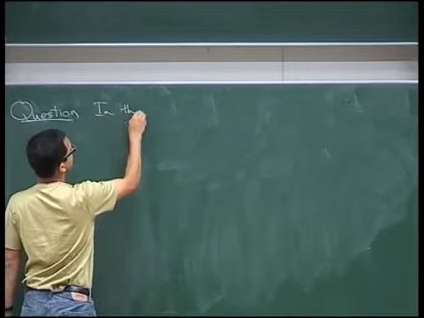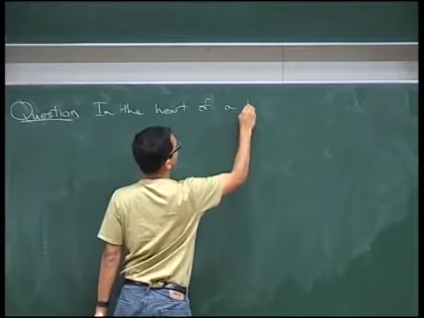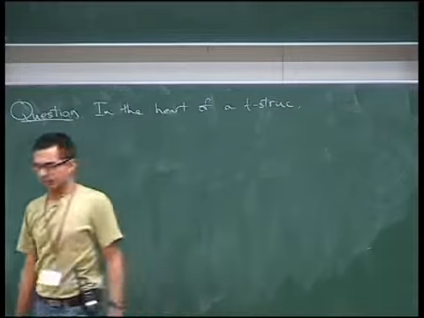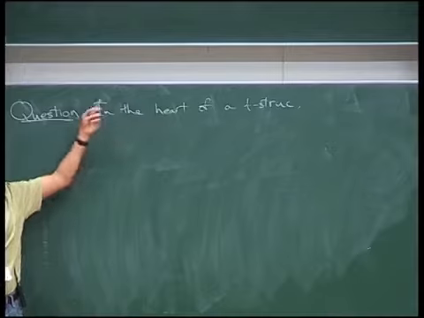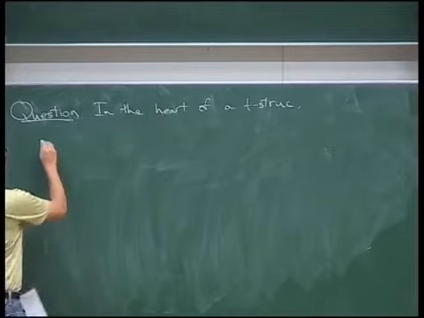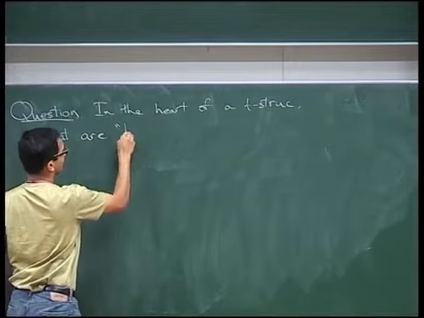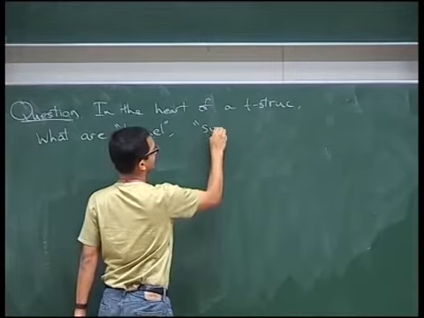I made a point yesterday of emphasizing that in the derived category, words like kernel and surjective don't make sense. In the heart, they are supposed to make sense. So what do they mean? What are words like kernel and surjective?